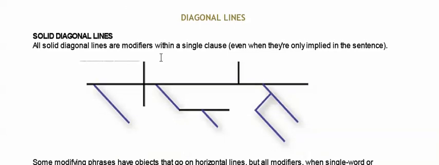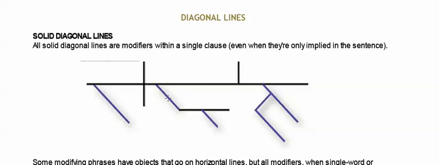And then for diagonal lines, all diagonal lines are modifiers within a single clause. So you hang it down off of the horizontal line on which the modified word rests or is placed.